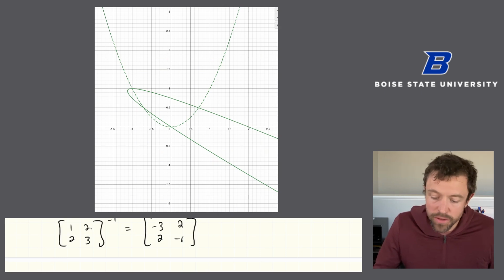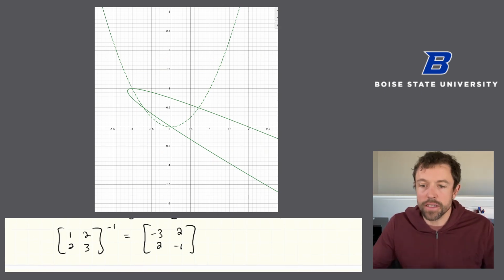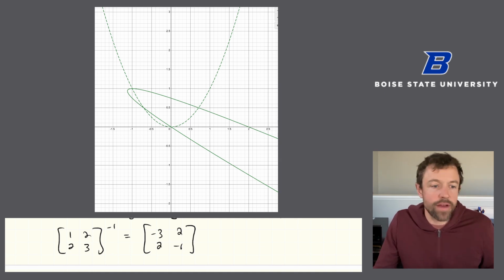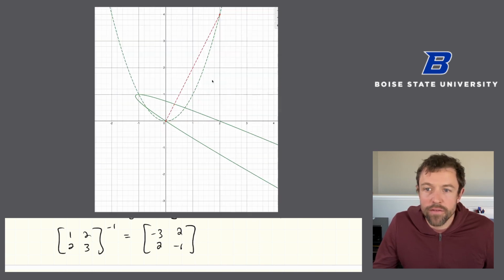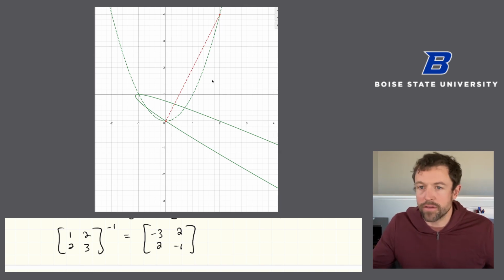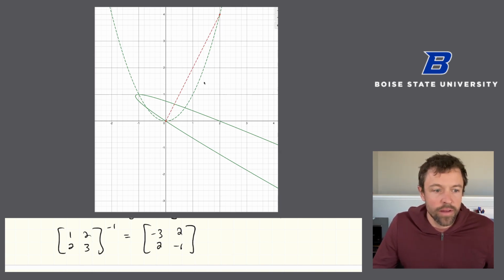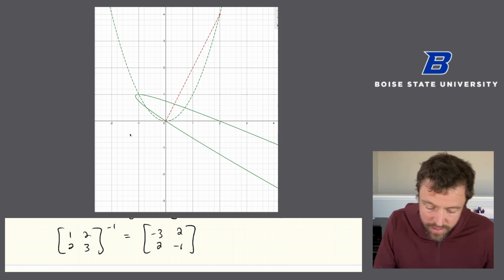And what I want to show you is that if we draw this on the picture, things work pretty nicely, because I want to see how some vectors get mapped by this transformation. I'm going to start with this vector over here in red. This red vector sits on the original parabola, and I want to see where it gets mapped.